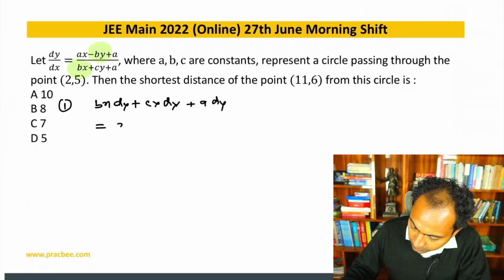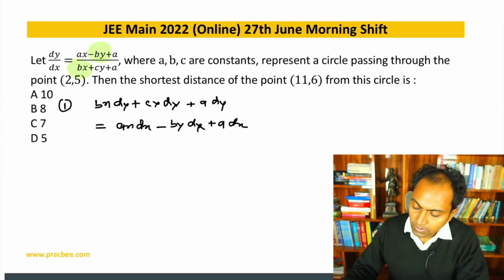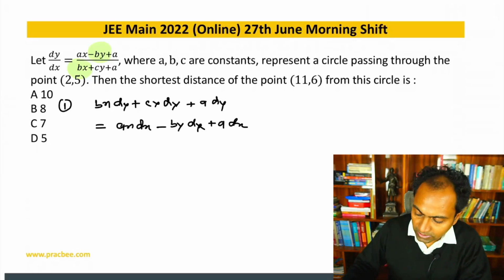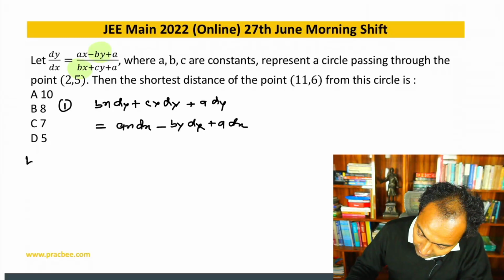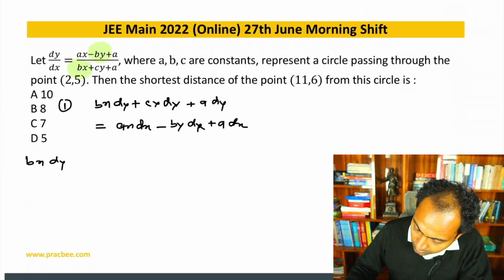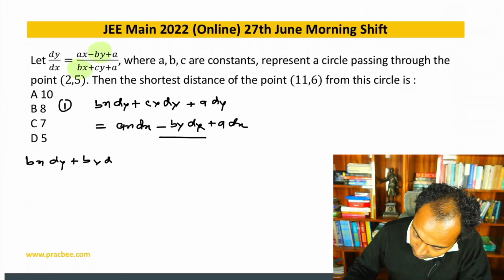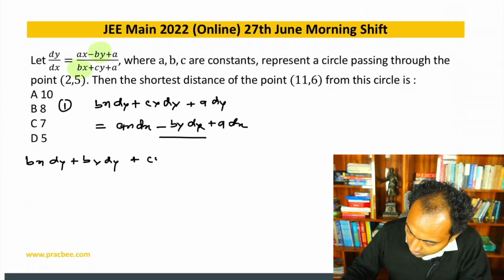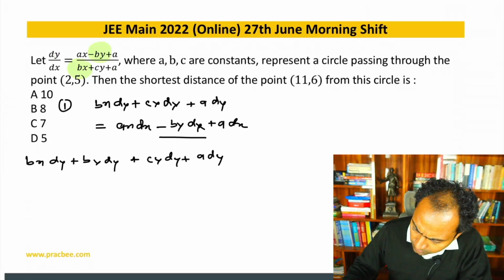On the other side, we have ax dx minus by dy dx and a dx. Now, if I bring all the terms on the same side, and this is very important for exact differential equations, this will become b y dy, and then you have cy dy plus a dy, and then minus ax dx minus a dx is equal to 0.